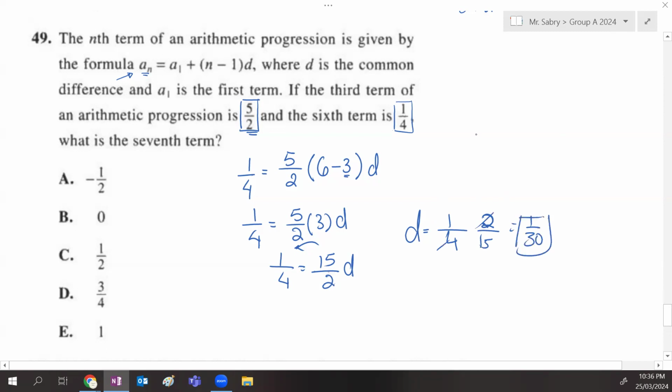Now I have the difference. To find the 7th term, all I'll do is 1/4 plus 1/30. On a calculator, 1/4 plus 1/30. No, I calculated something wrong, guys.